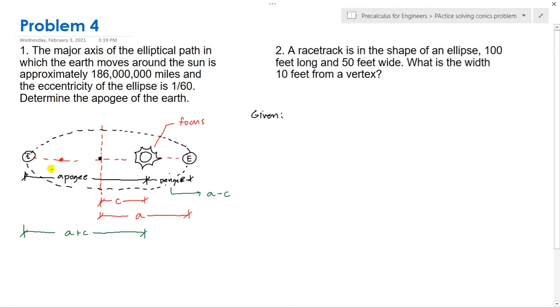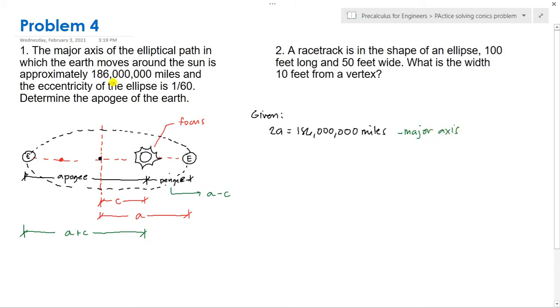The major axis here is the sum of the apogee and perigee. Therefore 2a is equal to 186 million miles. This is our major axis, the length of the major axis.